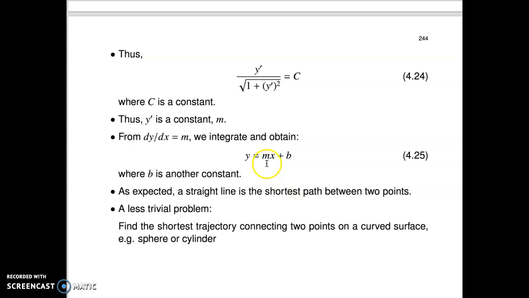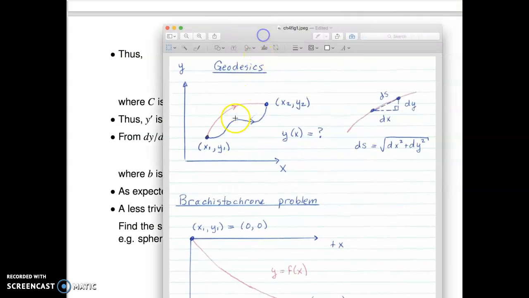If you want to know what these two constants are, well, then you can go back to this. You say, well, I know that between point 1 and point 2, we have a straight line, which is the minimum distance between the 2 points. Well, how do you get the 2 unknown constants? You'll use information about the 2 points that you know lie on the curve.